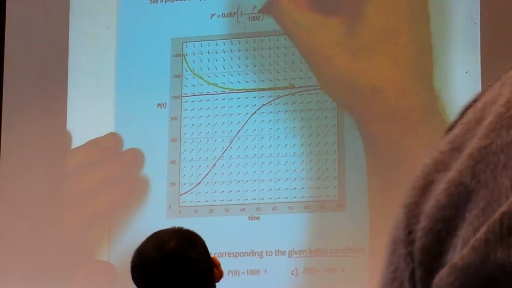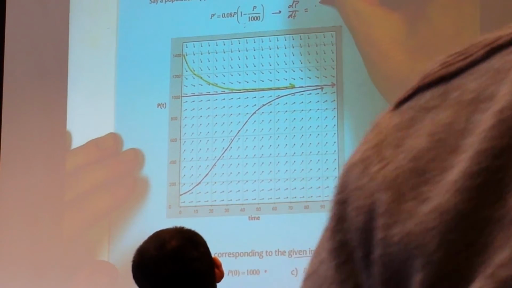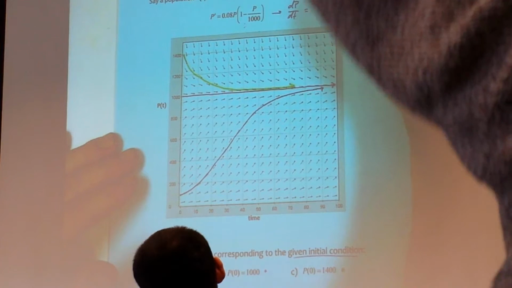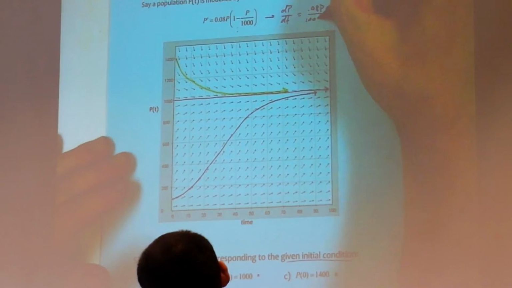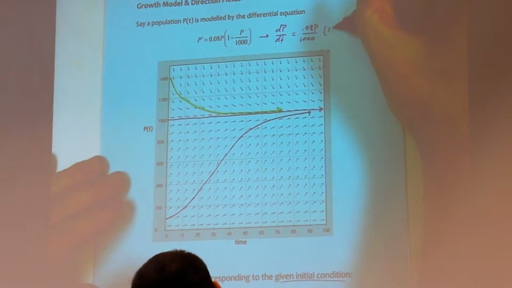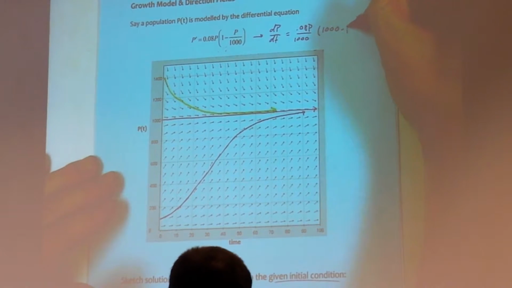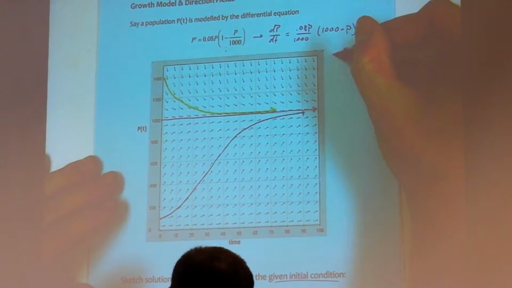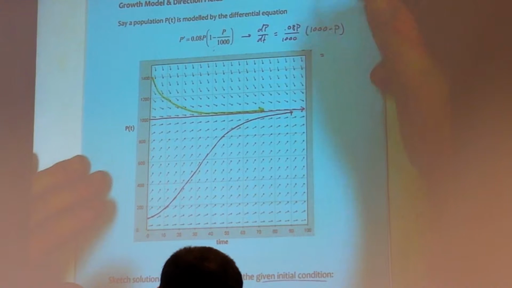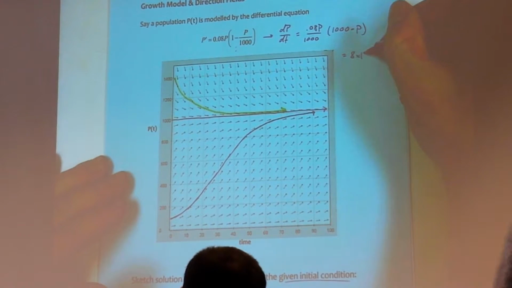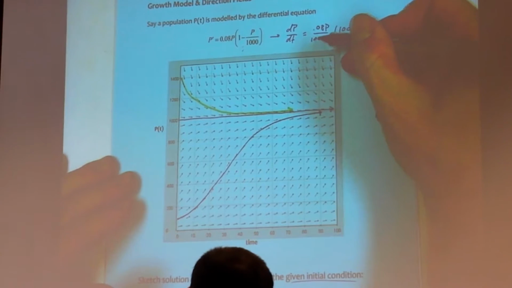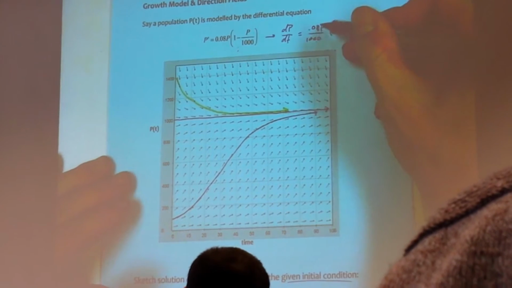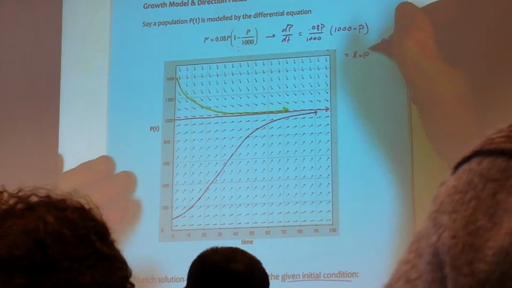I'm going to multiply that by 1,000, and to compensate for that, I'm going to divide this by 1,000, and then this would be 1,000 minus P. 0.08 divided by 1,000 is just 8 times 10 to the what? Negative 2, and negative 3 more, negative 4.